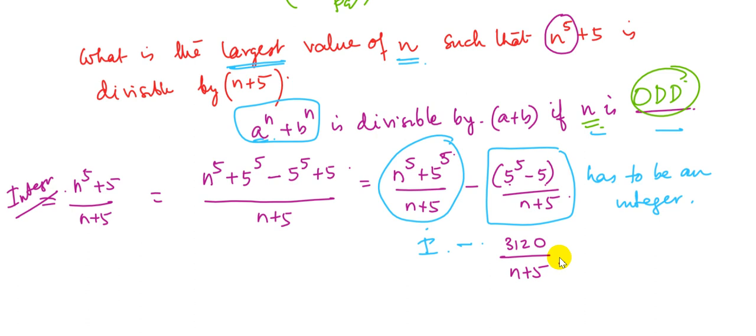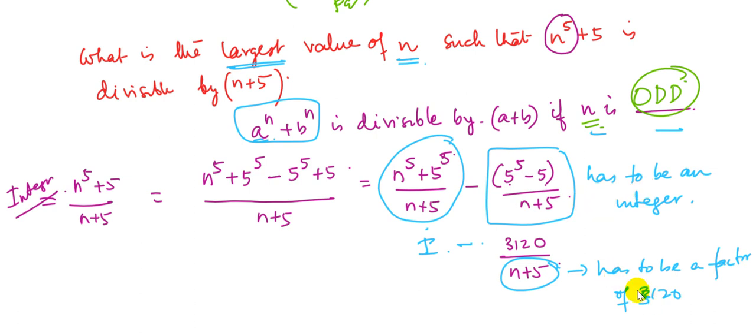So this means that n plus 5 has to be a factor of 3120. Then only this will be an integer.